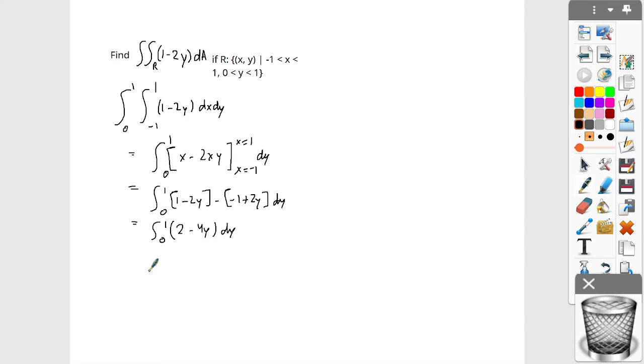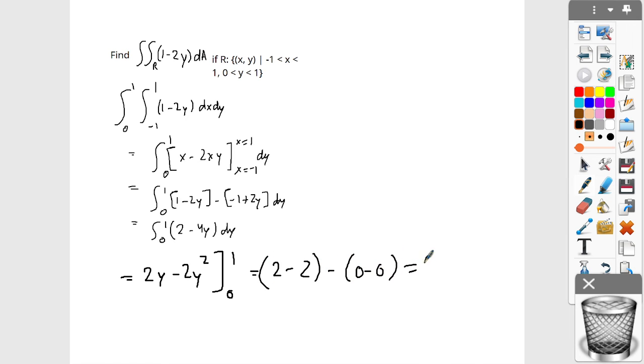Now we take the integral of this. You will get 2y minus 2y squared, evaluated from 0 to 1, which is 2 minus 2 minus 0 minus 0, which is 0. And yes, we did calculate it correctly. Our intuition was correct. So the volume is 0.